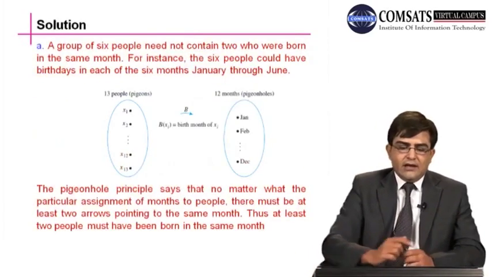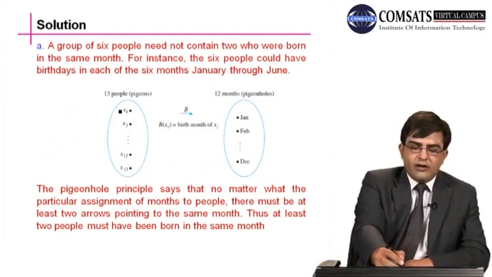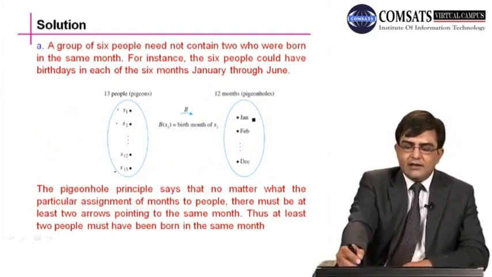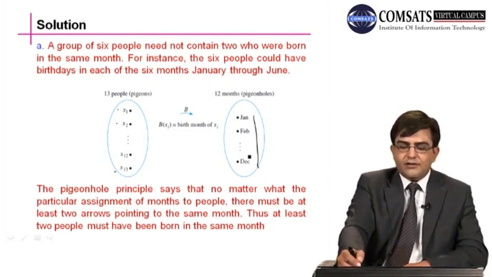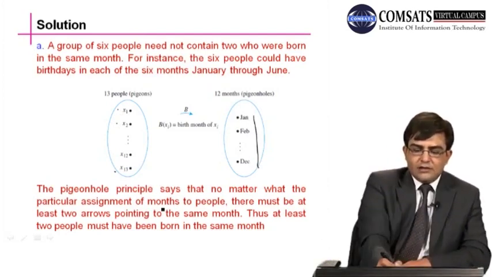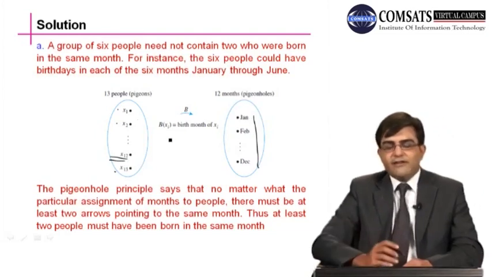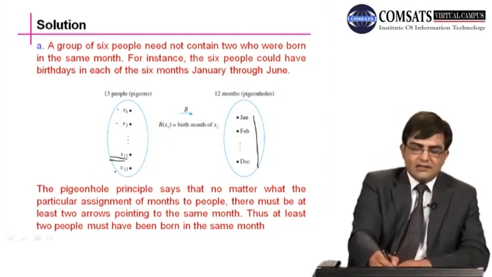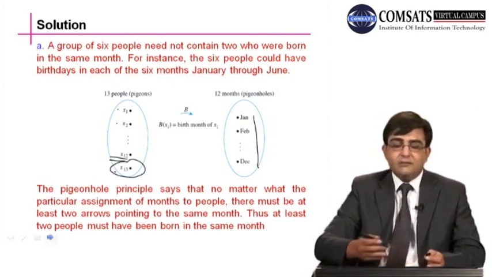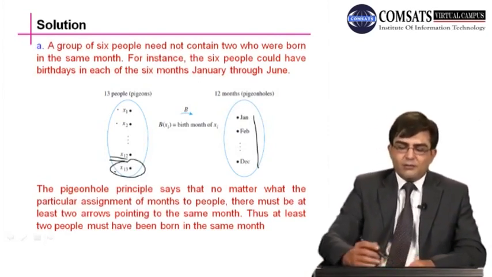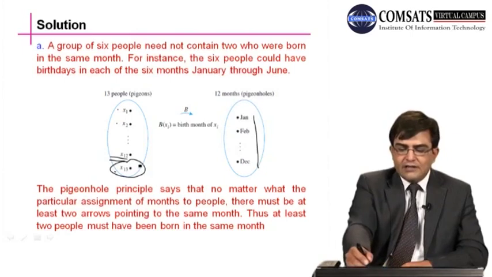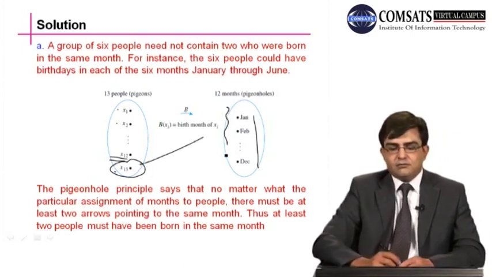So if we have 13 people, 1 up to 13, and there are 12 months, January, February up to December. If the 12 people are born in 12 different months, then the 13th person must be born in one of these 12 months.